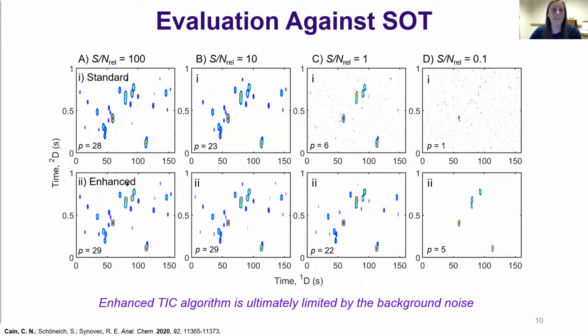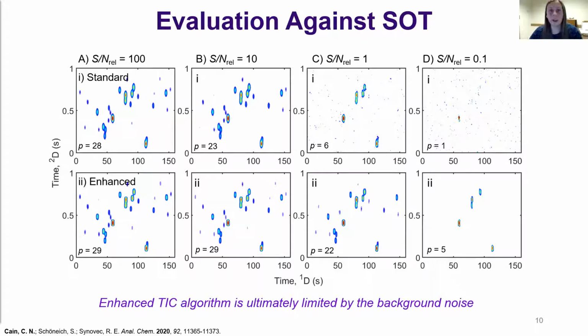So for this chromatographic simulation at a saturation factor of 0.1, we can see that at a signal to noise ratio of 100, both the standard tick and the enhanced tick perform comparably well.